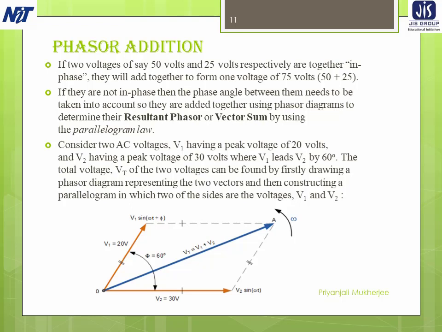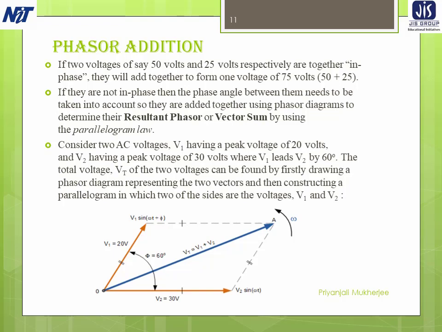Now the total voltage Vt of these two voltages can be found by first drawing a phasor diagram representing the two vectors and then constructing a parallelogram in which two of the sides are V1 and V2. Here we can add them graphically by plotting the curves in the same coordinate system, and it is a simpler and more direct method using the phasor addition.